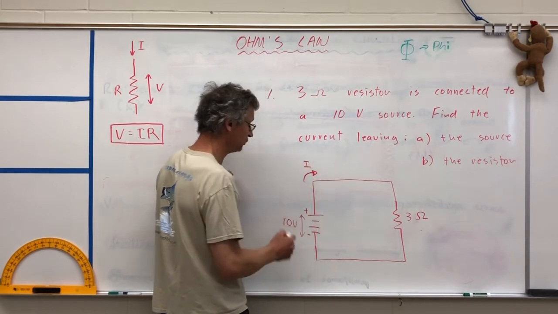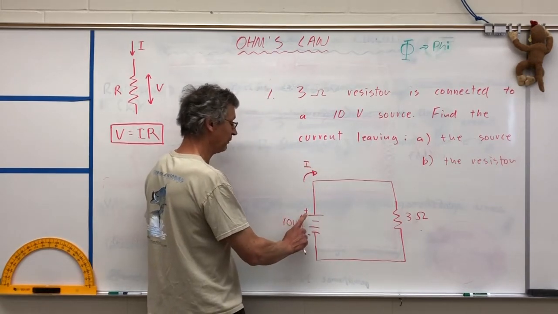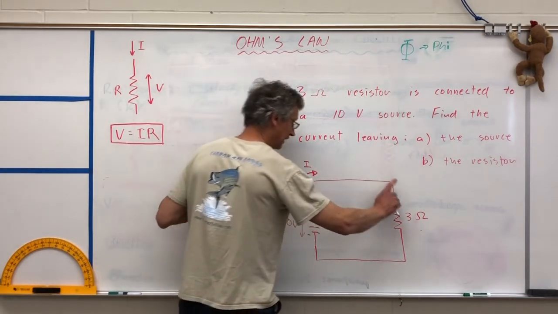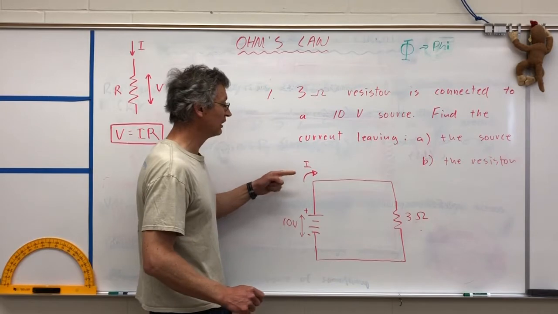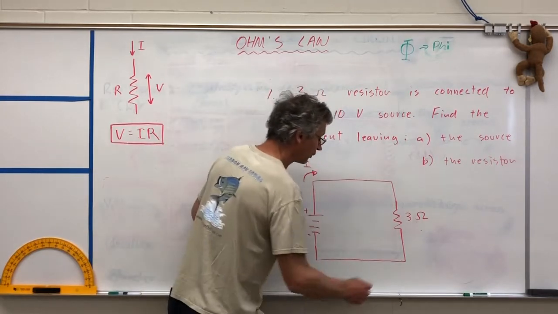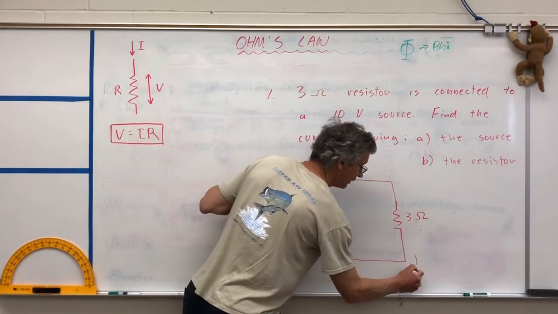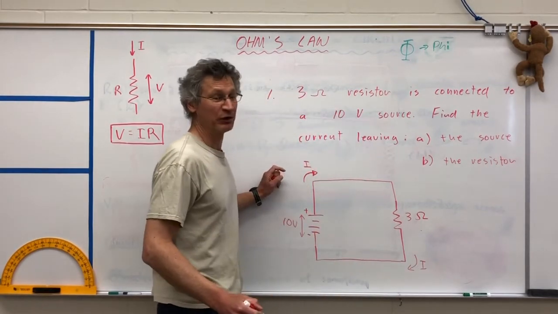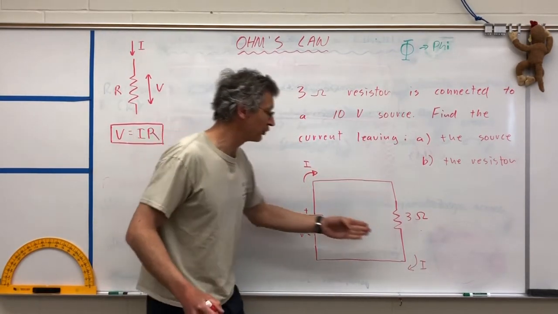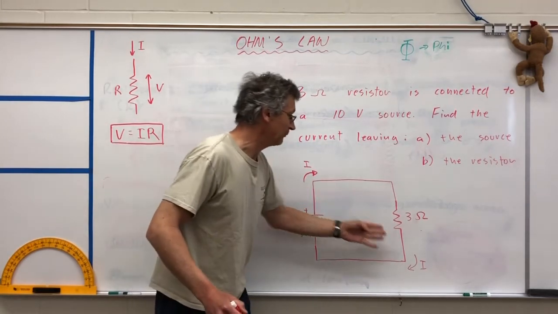If positives could move, they would be repelled by the positive terminal of the source, attracted to the negative terminal of the source. And we need the current leaving the source and also the current over here leaving the resistor. And of course, the first thing you have to realize is that both these currents are the same.